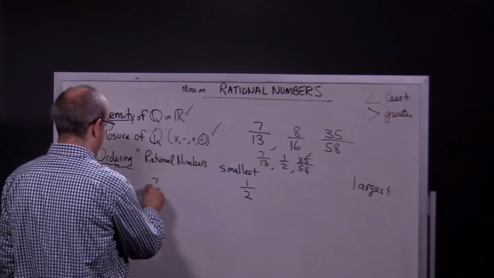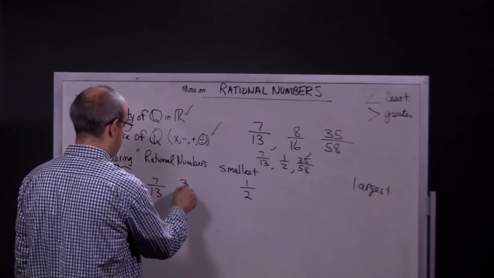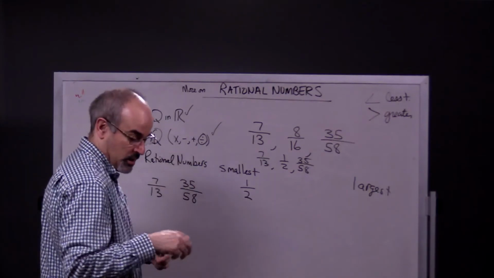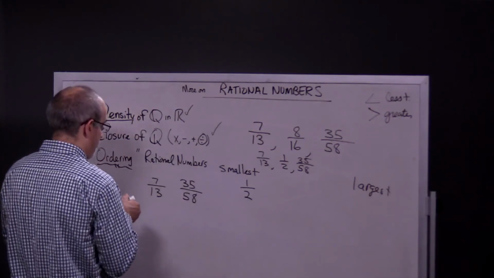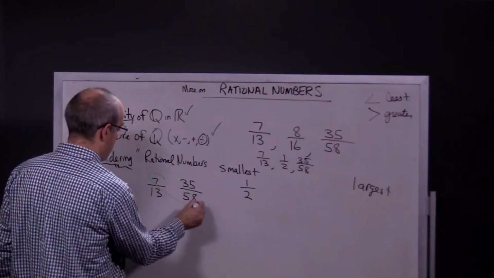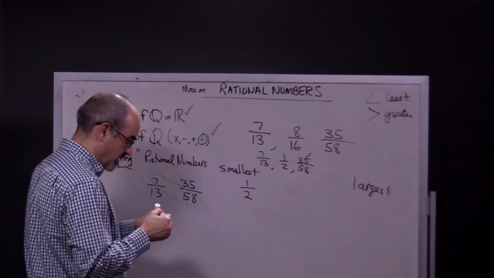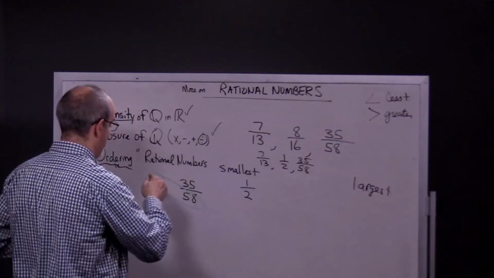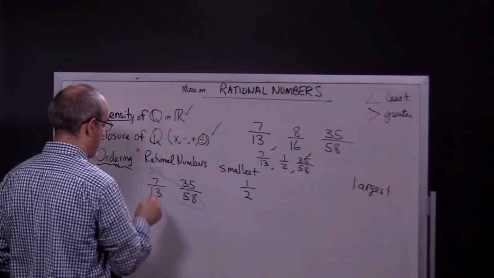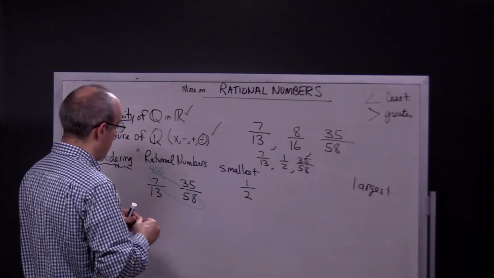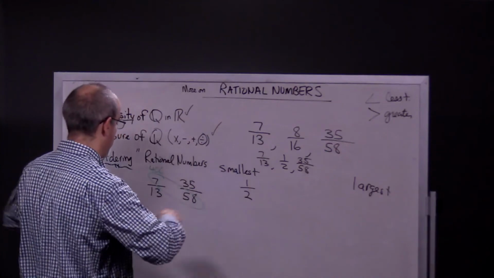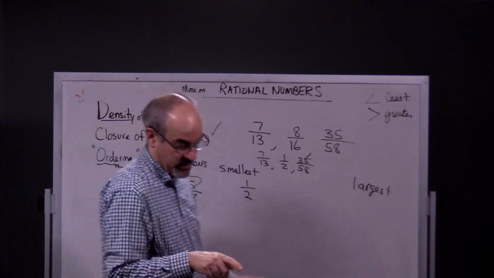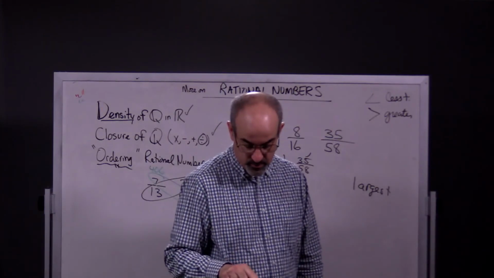So 7/13, I really don't know which one's bigger, I mean. I think this one's bigger. It's always good to, like I said before, guess. So this would be 406. And 13 times 35. Luckily I have my calculator.